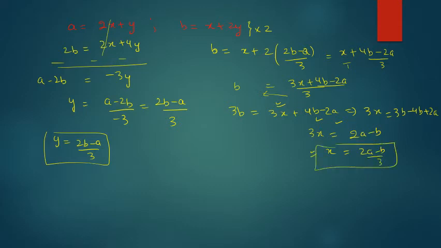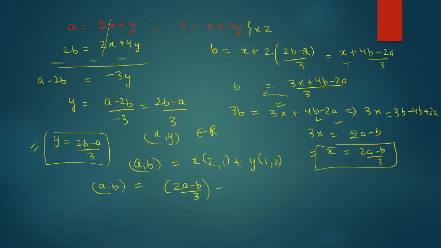So now you have got x and y, which you have assumed belong to R, correct? Now substitute this into the equation where we have assumed (a, b) as x(2, 1) plus y(1, 2); this was the linear mapping which we took. Now putting all these values, (a, b) is equal to x, which is (2a minus b) by 3, times (2, 1), plus y, which is (2b minus a) by 3, times (1, 2), right?